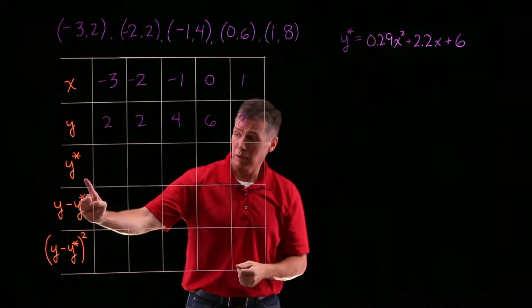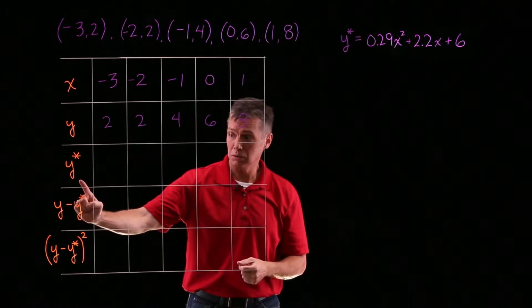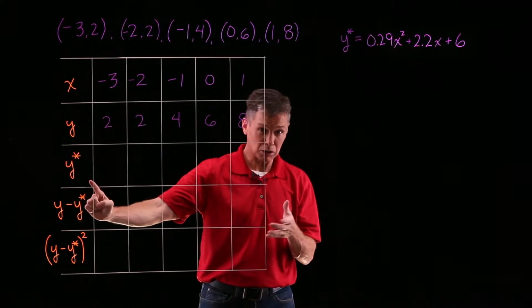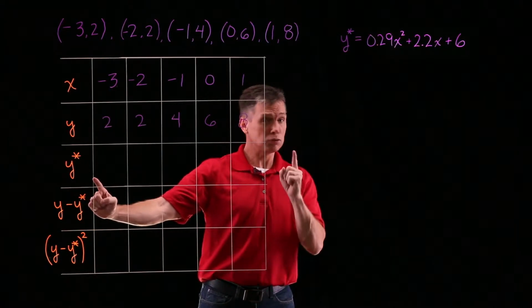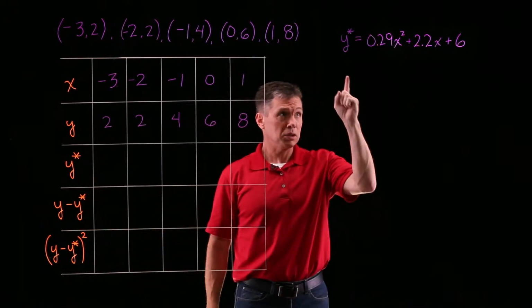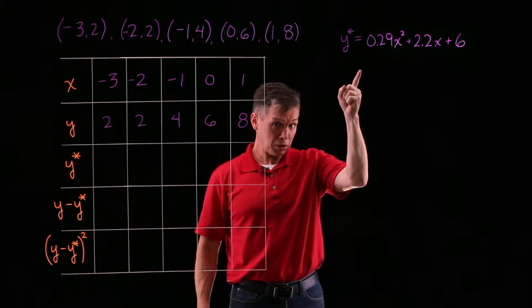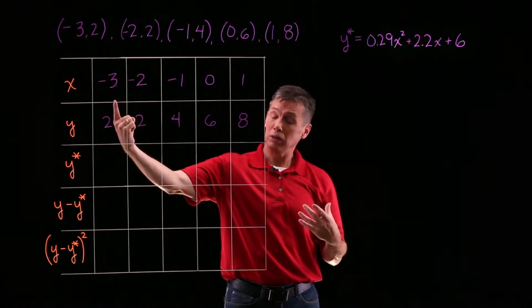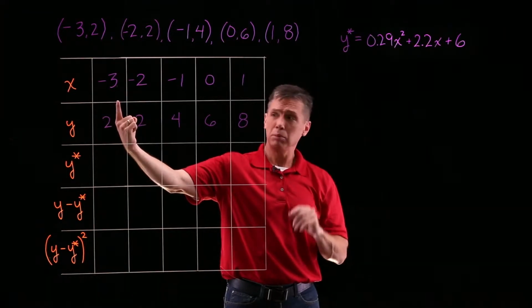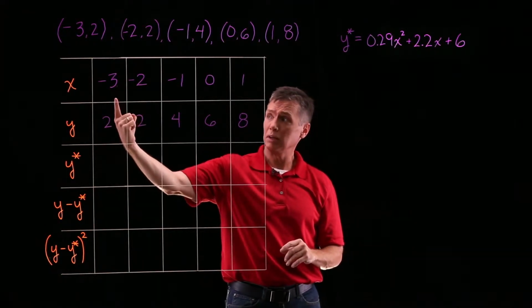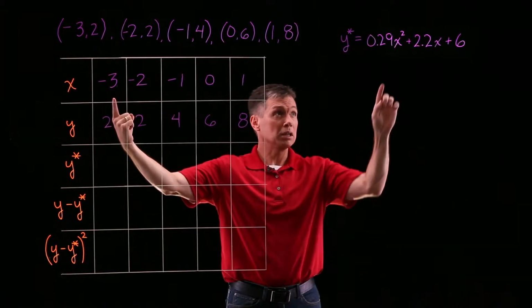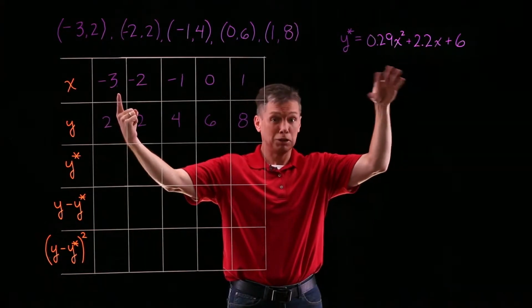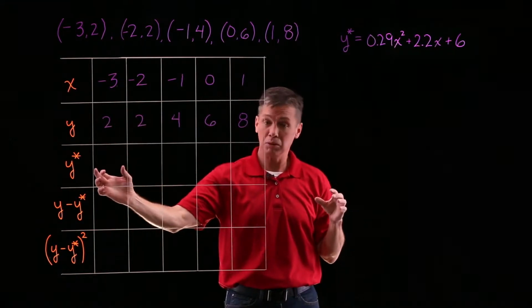My next row is the y star, the predicted y value for each x value. So we're going to take this y star equation and compute for each x value what y star would be. So you grab your calculator and take a -3 and plug it in for x. Plug and chug and find out what that value is.